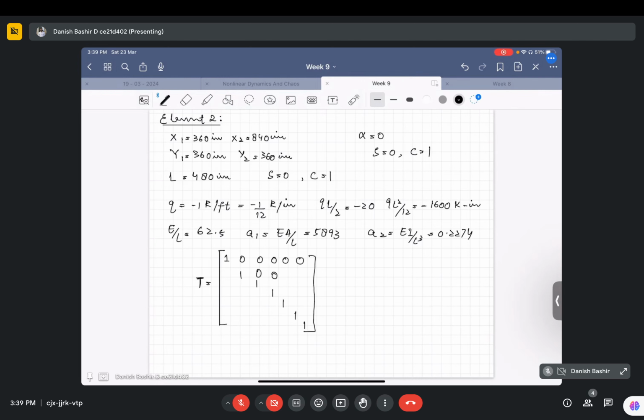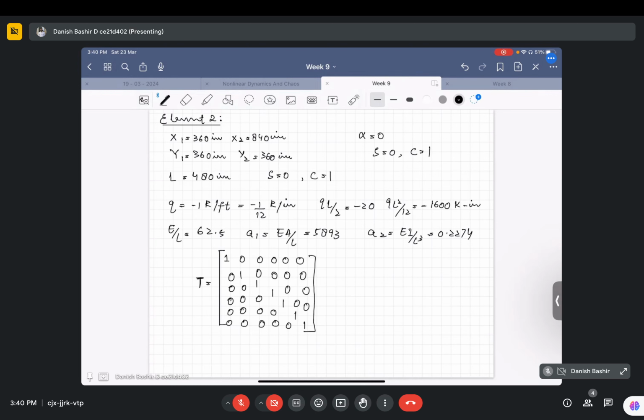This will be 0. This will be an identity matrix, okay.